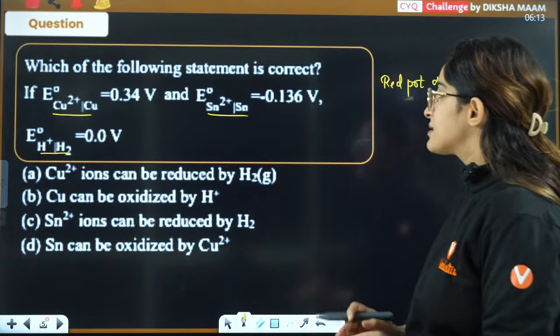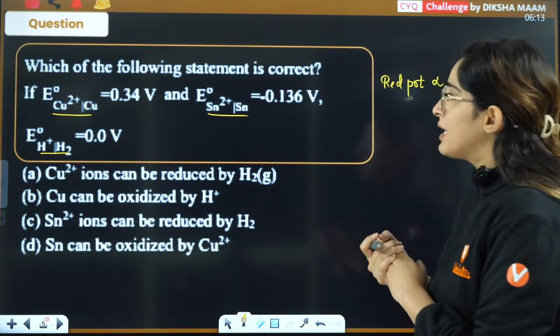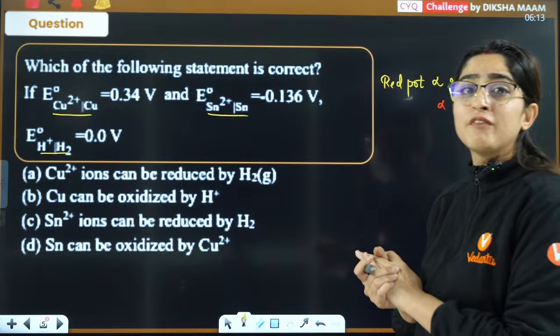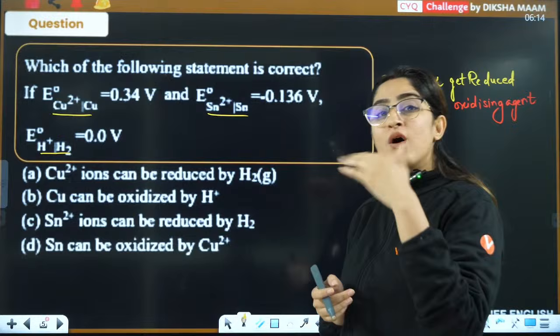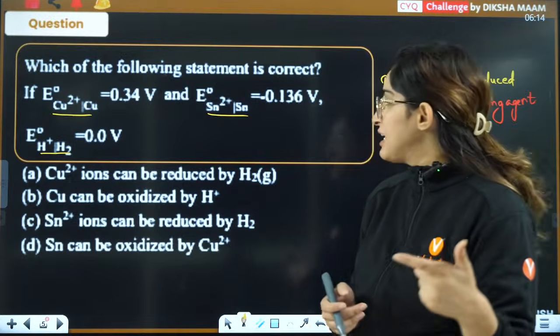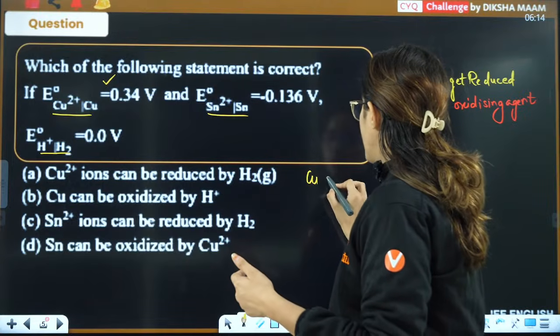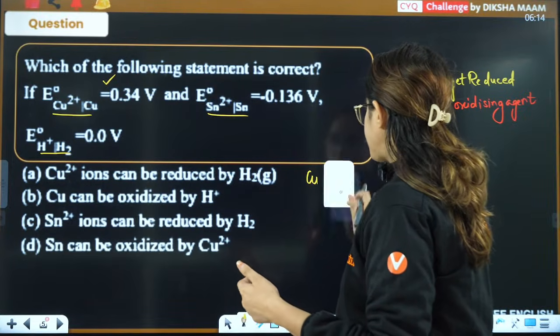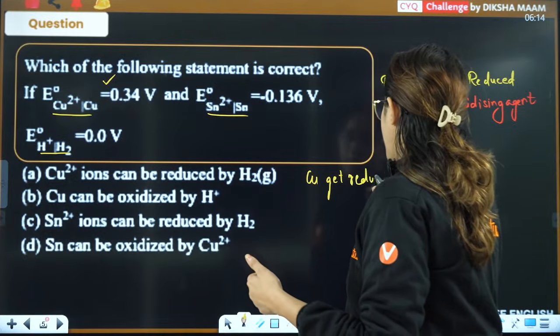So if you see this here, in between Cu and Sn, which one will get reduced easily? The one which has the more positive value of reduction potential, that means Cu. So out of Sn and Cu, Cu will get reduced.